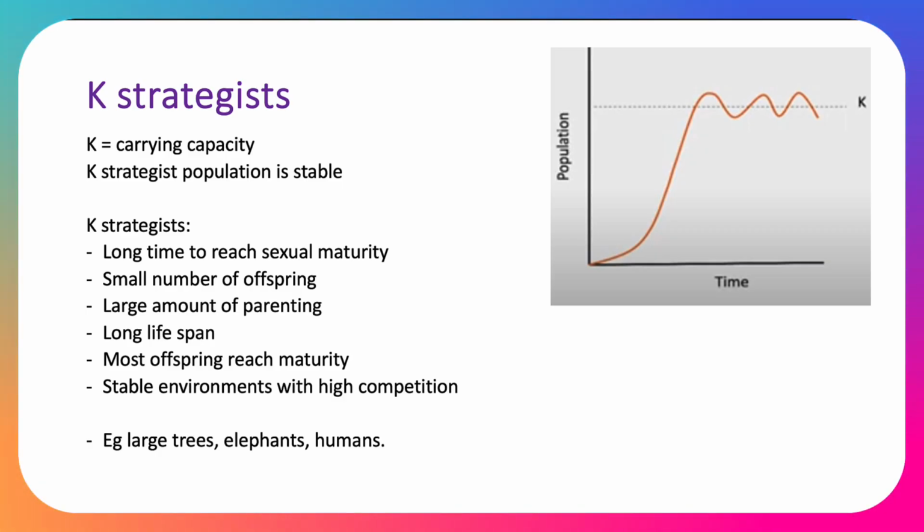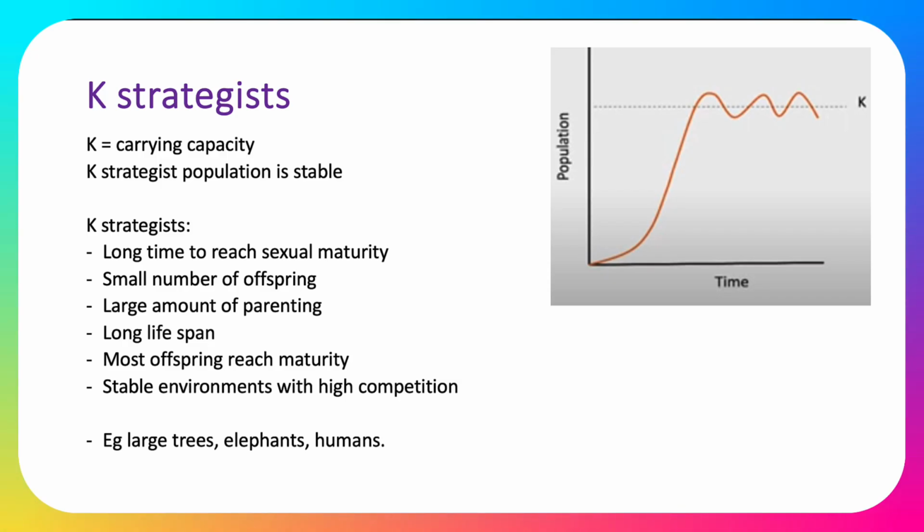So they're our K and our R strategists. They're survival strategies. So these are different types of organisms that have different reproductive strategies for survival. So your R strategists, their strategy is to produce lots of offspring really quickly and spread their seeds or spread their DNA for the inevitable collapse. And a K strategist, well, they're in it for the long haul.